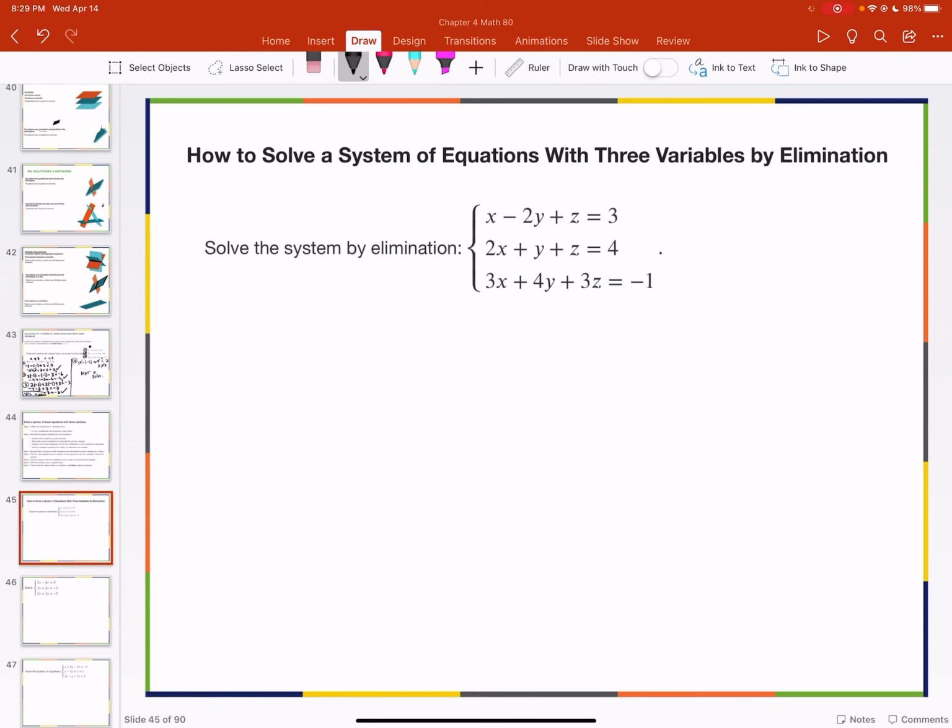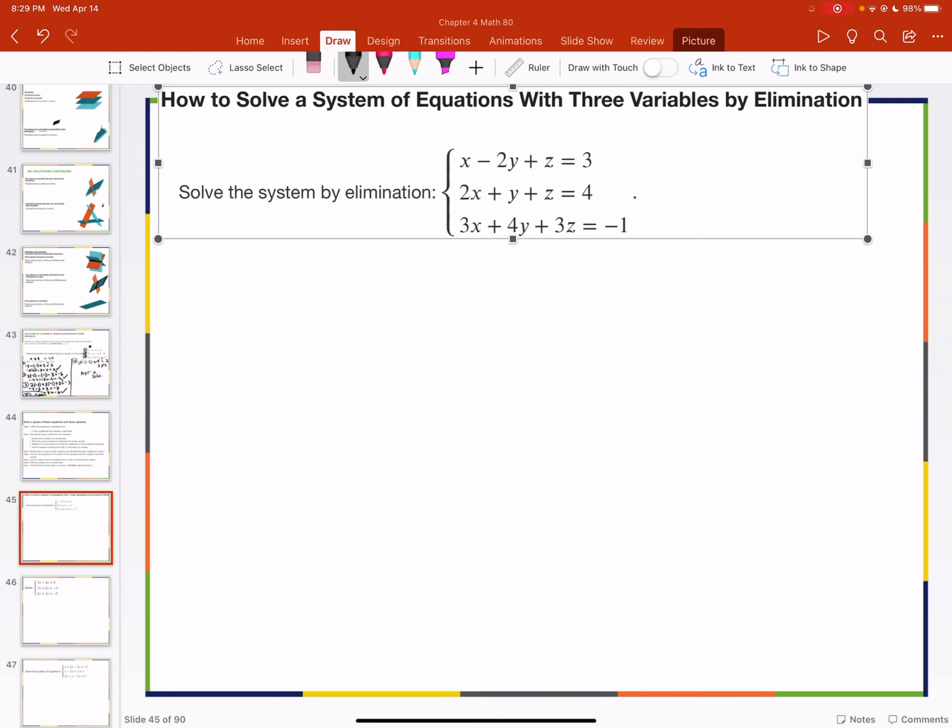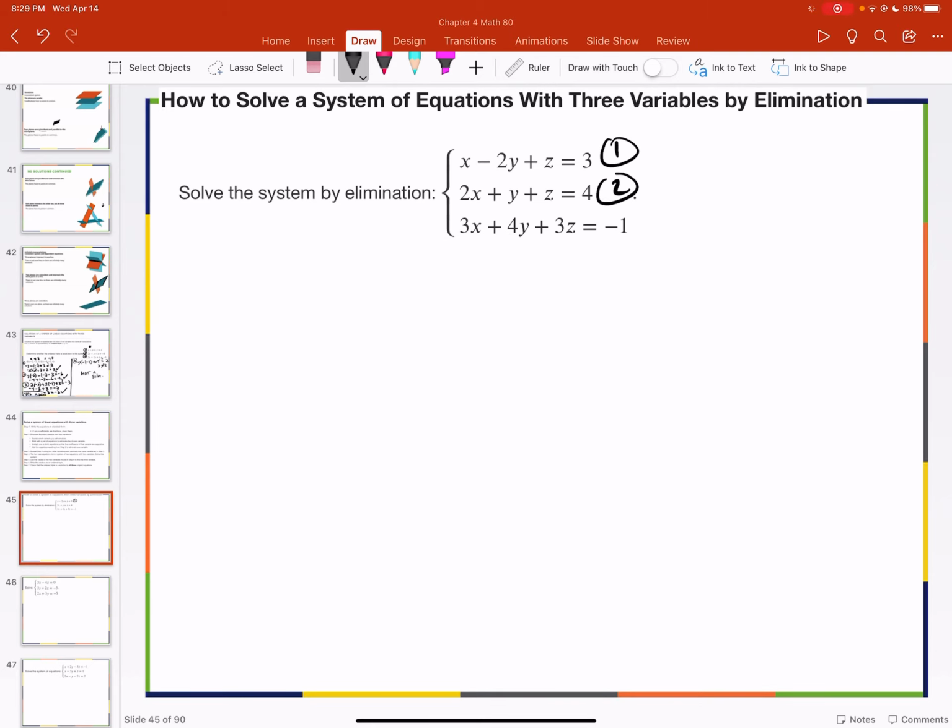Okay, so here we have x plus 2y, x minus 2y plus z is equal to 3. 2x minus y plus z is equal to 4. So what I'm going to do is label this equation 1, equation 2, equation 3. So I'm going to take equation 1 and multiply it.